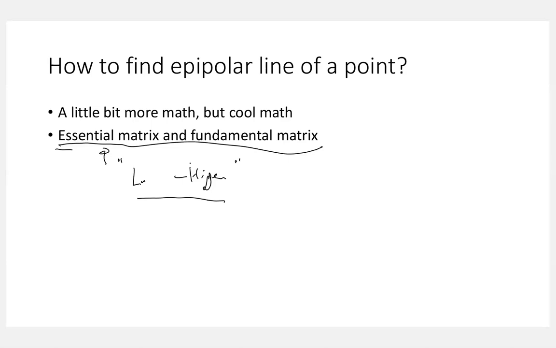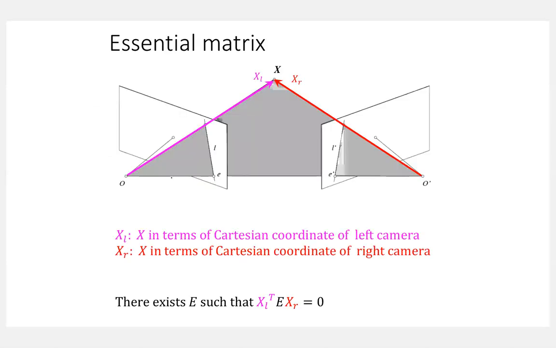So what the essential matrix does: I now use X_L and X_R here to represent the Cartesian coordinates of the left and right cameras. Note that these are the 3D points in space. I'm not talking about the projection. I'm talking about this point X here in 3D.